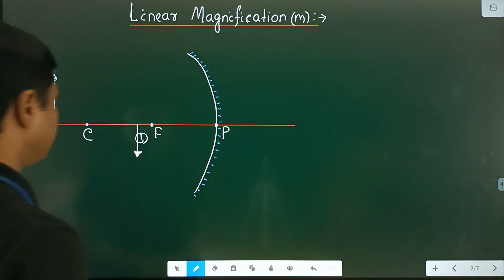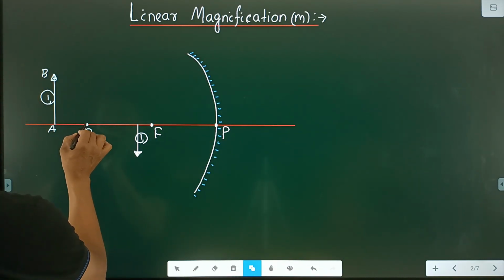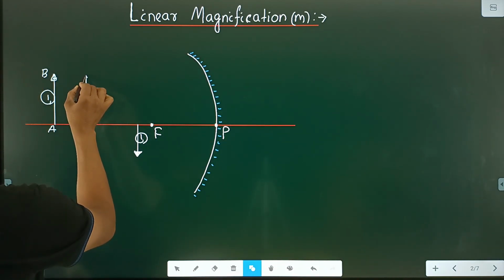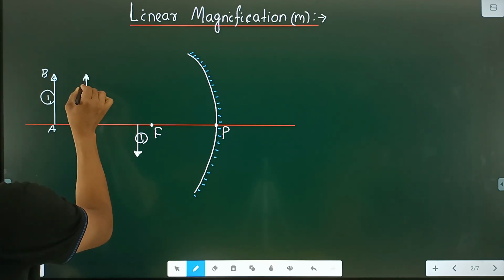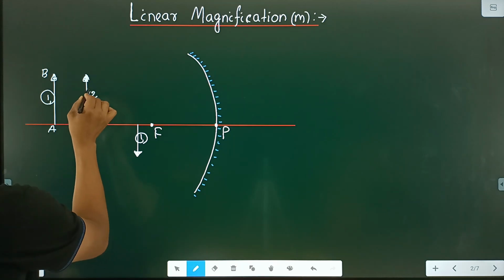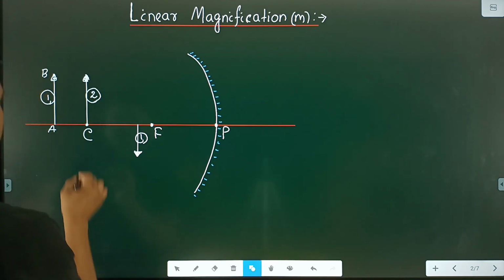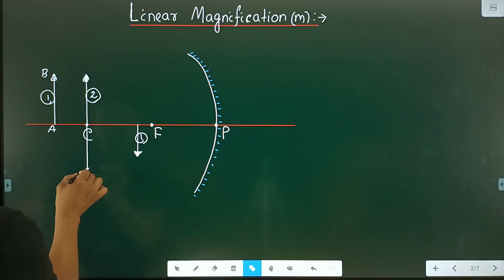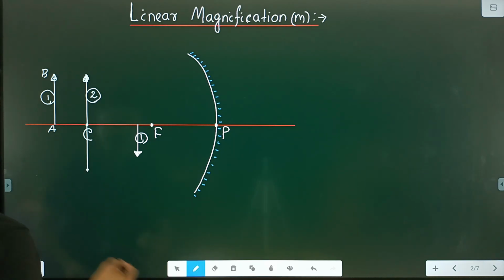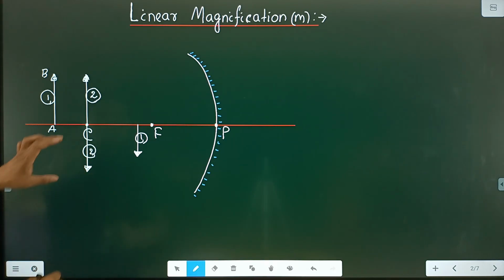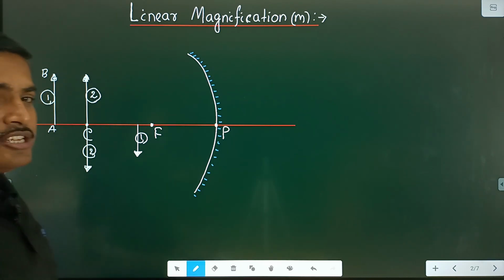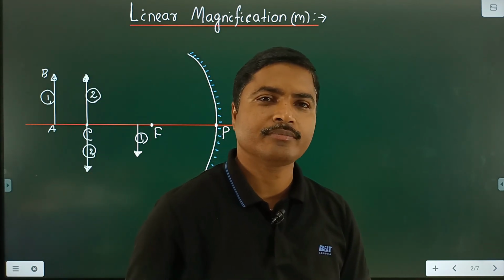Clear? Similarly, suppose the object is placed at the center of curvature. If the object is placed at the center of curvature, this is the second position of the object, then the image is formed also at the center of curvature. That means the position of the object and the position of the image are both the same. And in this case, the size of the image is equal to the size of the object, both are the same size.